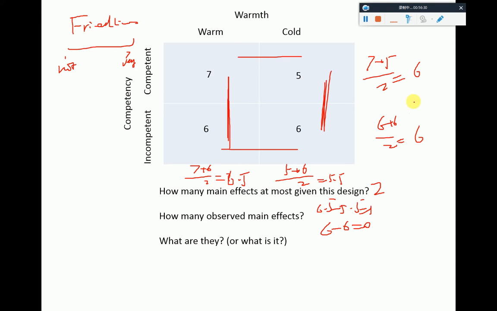In other words, the manipulation of competency does not have any effect on a person's perceived friendliness. So 0 means there's no difference, no effect. So here there's only one observed main effect, despite that there could be two. And the main effect is warmth.